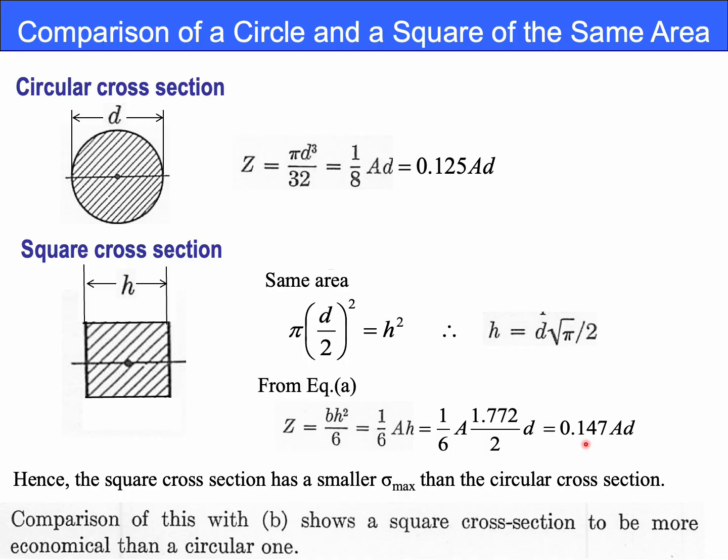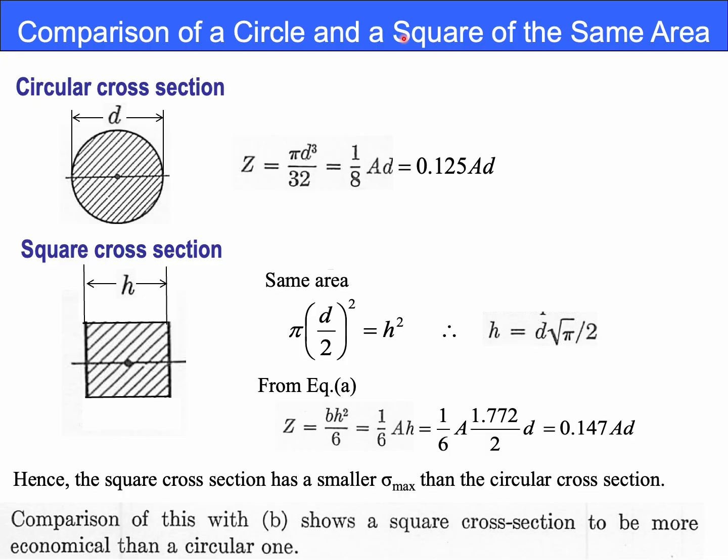Since 0.147 Ad is greater than 0.125 Ad, the square has a larger section modulus. So for the same bending moment, sigma max equals the moment over the section modulus. Therefore, square produces a smaller maximum stress than the circle.